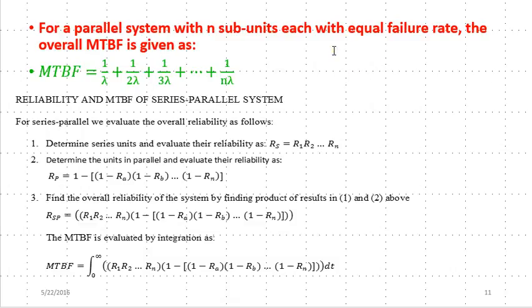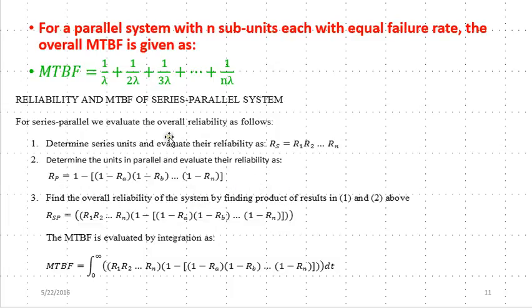So as we have seen, we have 3 possible interconnections: series, parallel, and a combination of series and parallel. Now for the combination of series and parallel, my overall reliability should be the product, which is R1 R2 times Rn, and for the parallel it is 1 minus, in brackets, 1 minus R1, in brackets, 1 minus R2, up to what? 1 minus Rn.